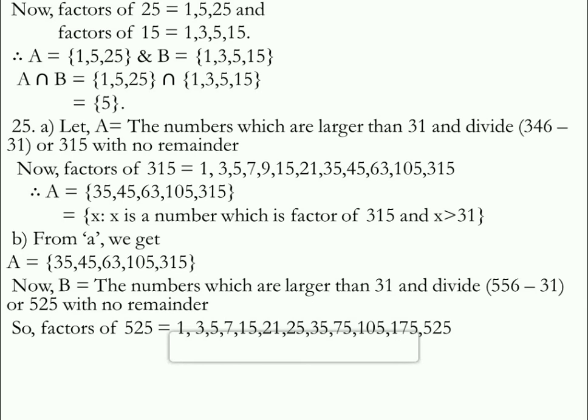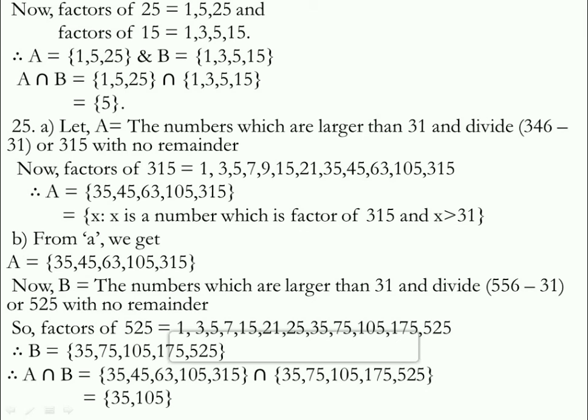Now amongst all the factors, we take only the numbers which are larger than 31, and they are 35, 75, 105, 175, 525. So in set B, we can write only 35, 75, 105, 175, 525.